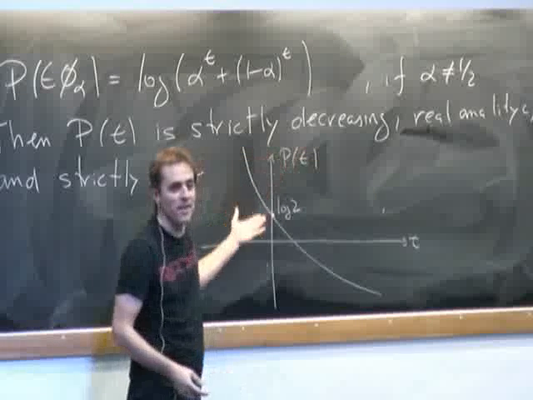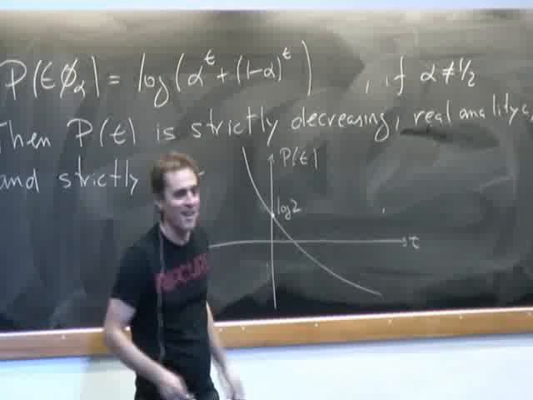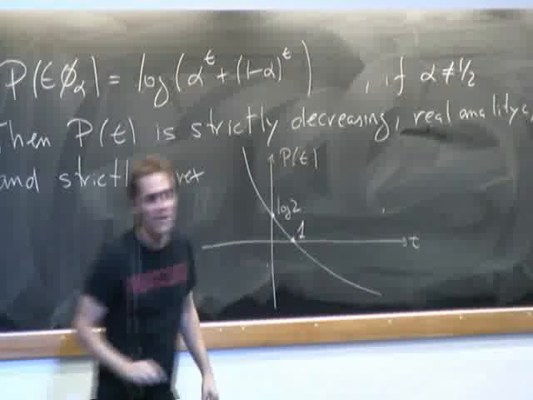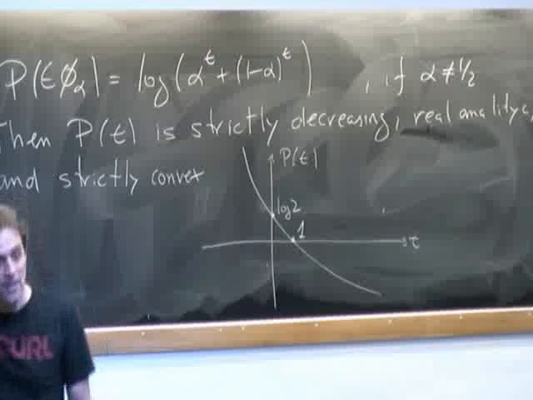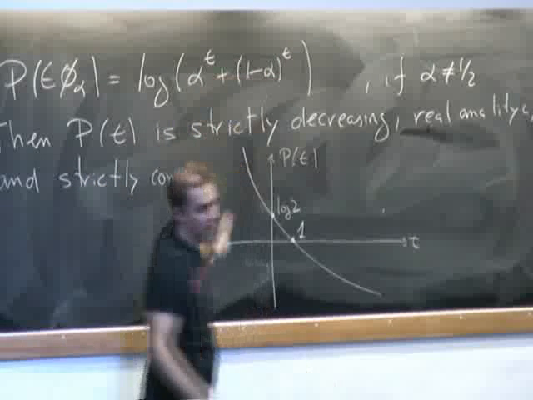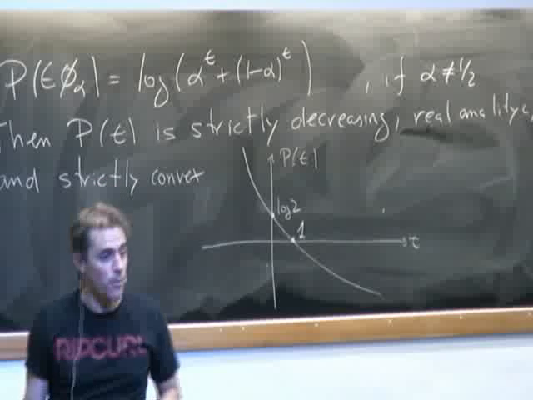It's what it should be. P of 0, I define it as the topological entropy. And here, it's 1. If you pick 1 here, then everything cancels out, and it's log of 1, which is 0.